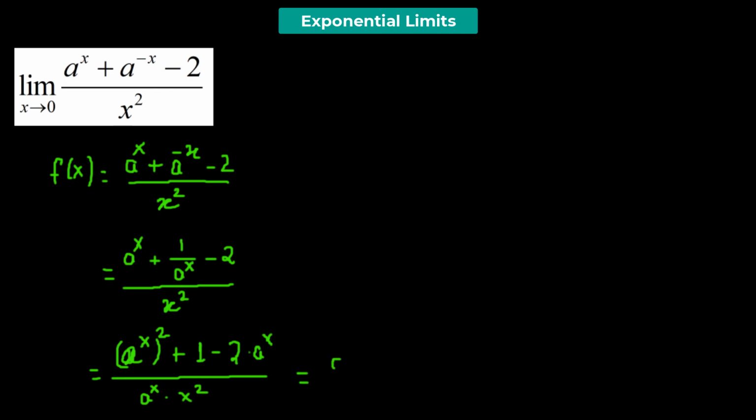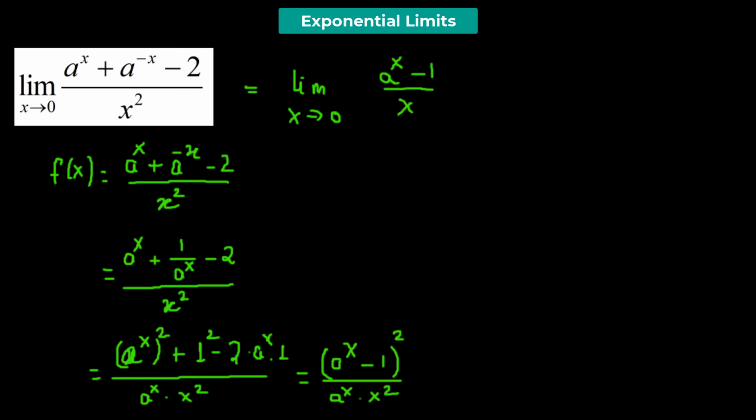So this is an identity. We have a squared plus b squared minus 2ab. So that becomes a raised to the power of x minus 1 whole squared divided by a raised to the power of x times x squared. So now we can find out the limit. So we have limit x approaching 0, a raised to the power of x minus 1 divided by x, whole squared, multiplied to 1 over a raised to the power of x.